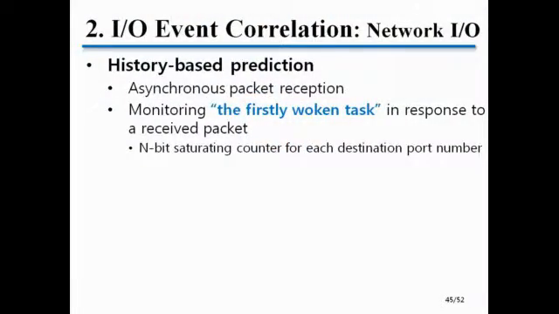And for network I/O, the correlation should be different because network packet reception is asynchronous. So we used history-based prediction by monitoring if an I/O bound task is immediately woken up in response to a received packet. This is also based on the common knowledge that the I/O bound task is usually given dispatch preference by the operating system scheduler.